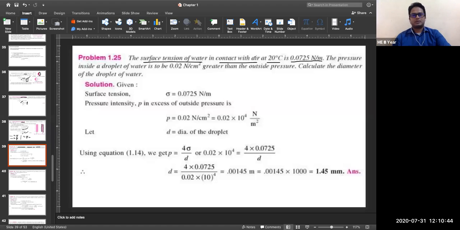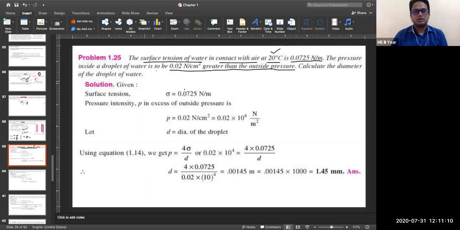So surface tension value is given. No need to worry about this temperature because we are not studying till now the dependence of temperature on surface tension. Now, the pressure inside the droplet of water is found to be 0.02 Newton per centimeter square greater than the outside pressure. Now, calculate the diameter of the droplet.